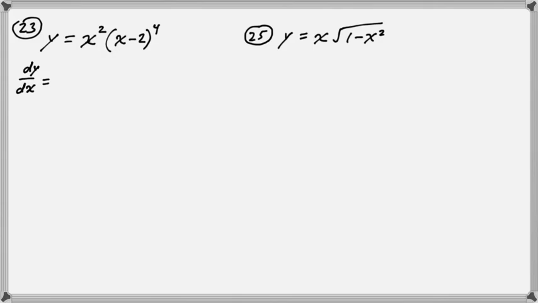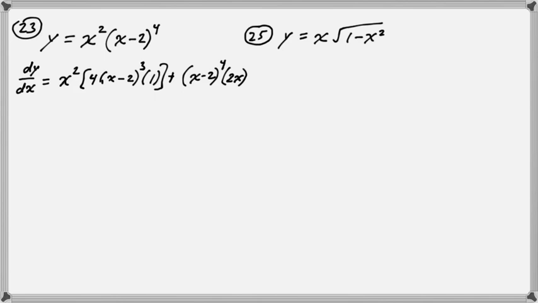We're going to do a product rule. I'll bring the x squared down times the derivative of this, which is power, times base, to the 1 less power times the derivative of the base, which happens to be 1. Then I would bring down the (x minus 2) to the 4th times what's the derivative of x squared? 2x.